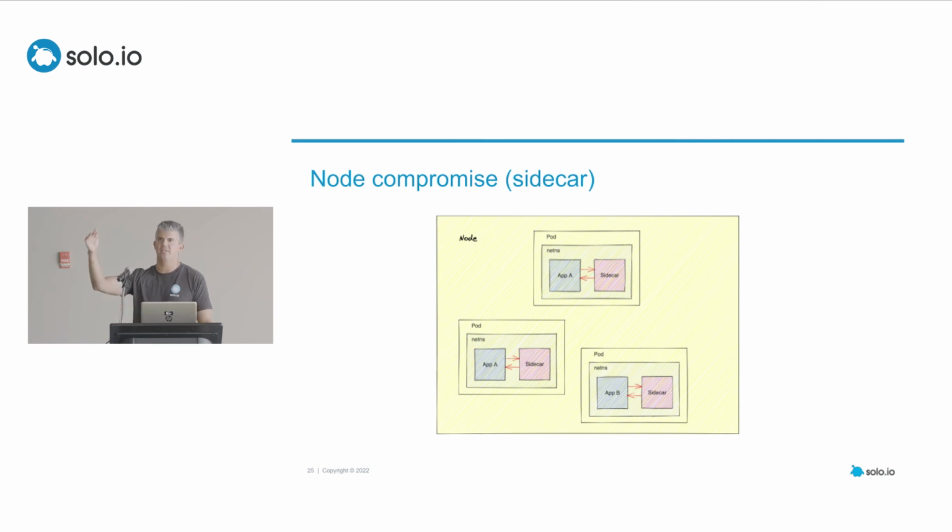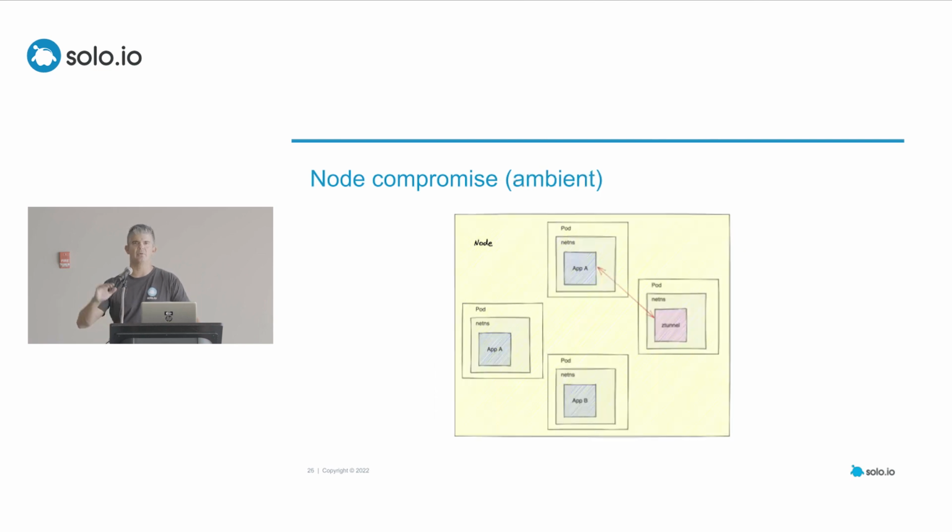And then the last, so we looked at the applications, we looked at the data plane components, and lastly, we want to look at the node itself. Basically, this is not going to be very service mesh specific. If your node gets compromised in your Kubernetes cluster, that's a very serious security problem. If you get access to the node, it doesn't matter if you're in sidecar mode or ambient mode or whatever.